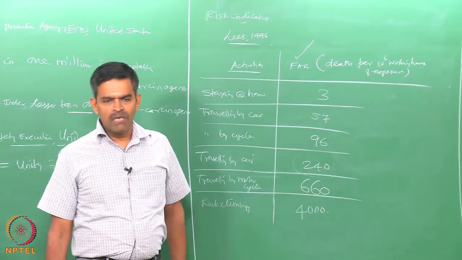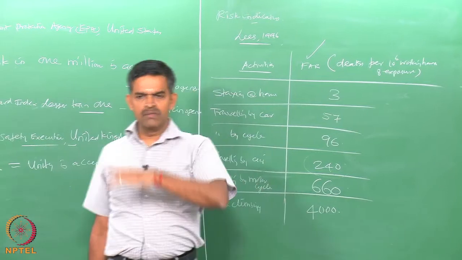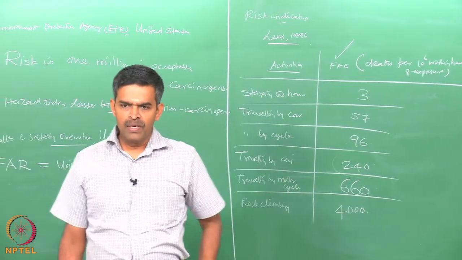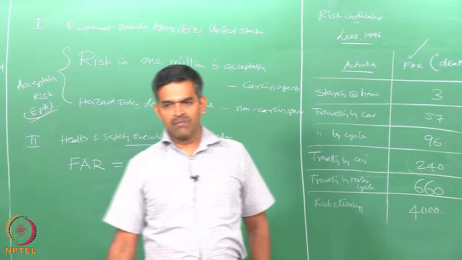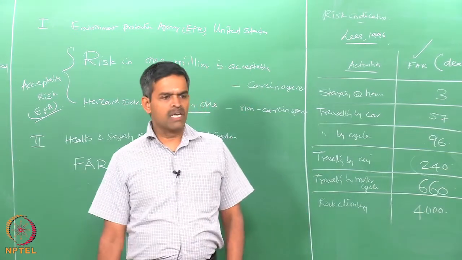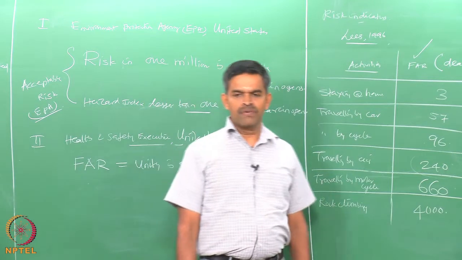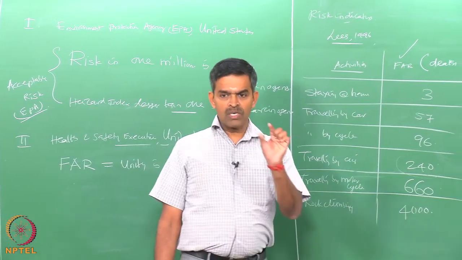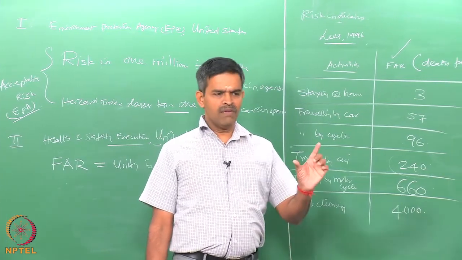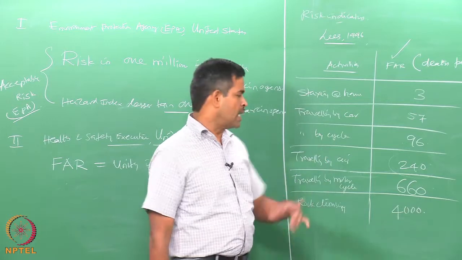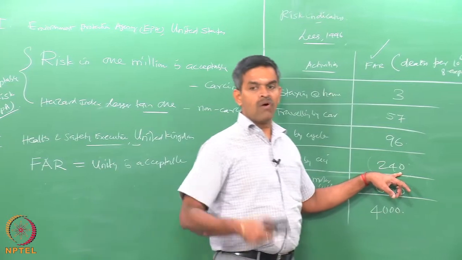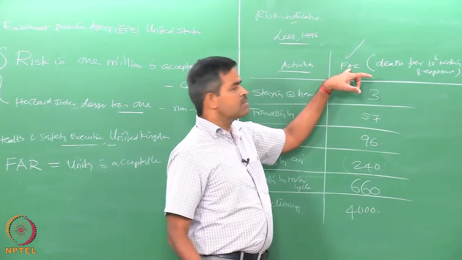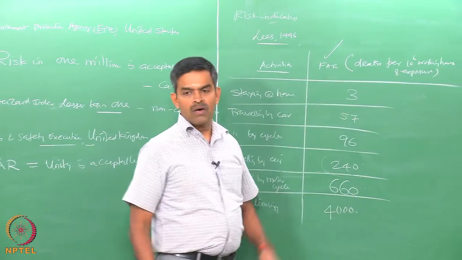However, if you want to go from place A to B, whatever the distance, if you travel by car, it may take about, let us say, 20 hours, whereas if you travel by air, it may take about half an hour or 1 hour. So, the exposure time is very short in air travel. The FIR or risk involved in air travel is much higher compared to road travel.